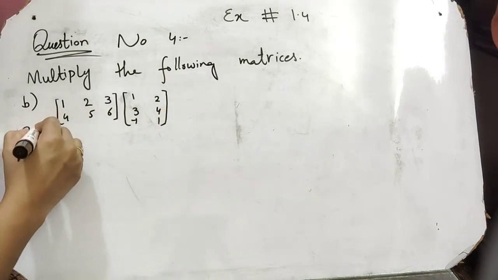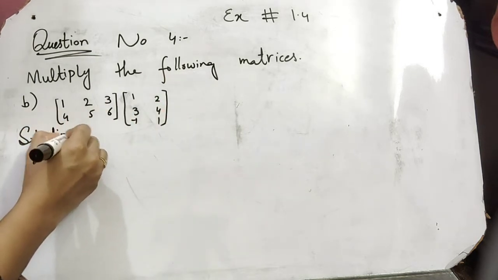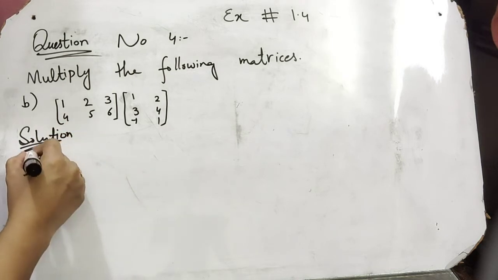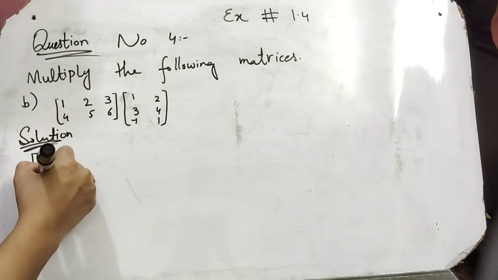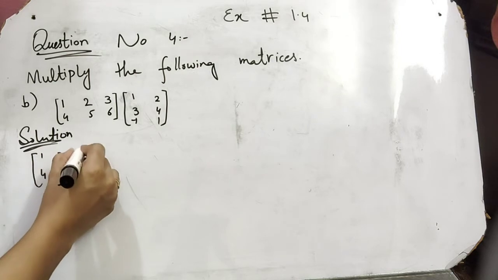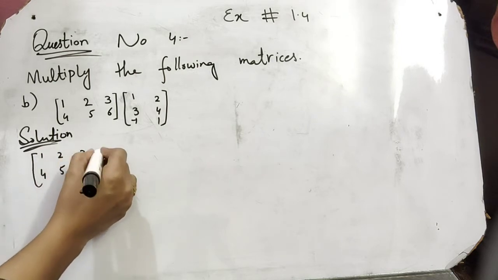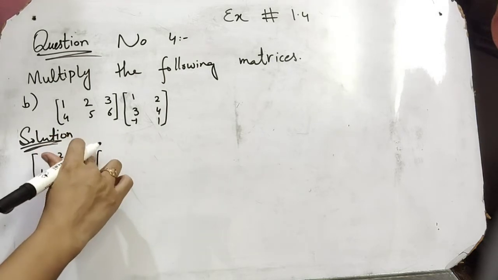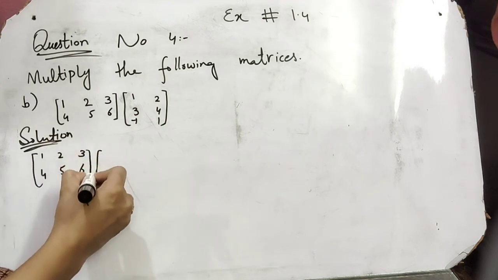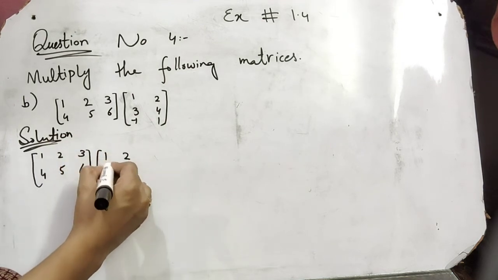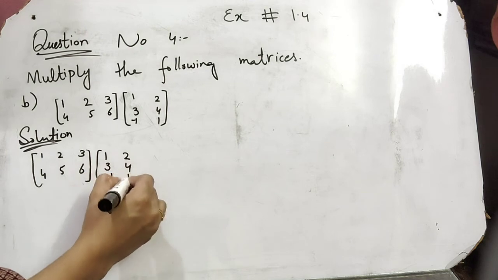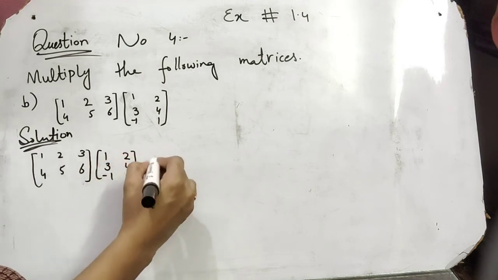So the solution is [1, 2, 3; 4, 5, 6] multiplied by [1, 2; 3, 4; -1, 1].